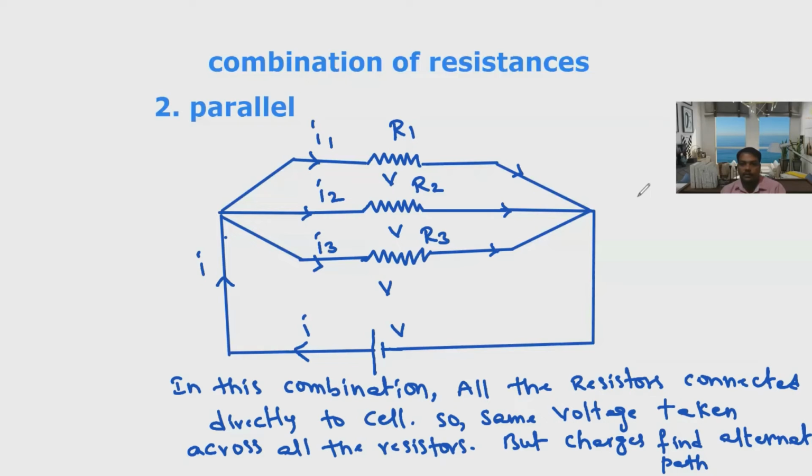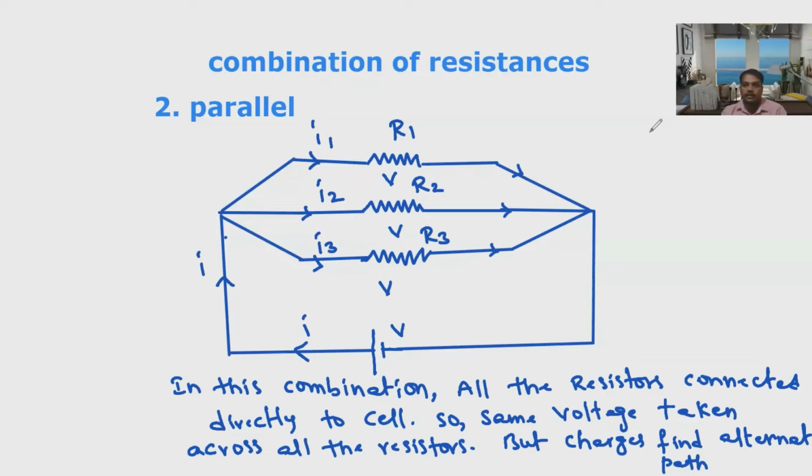In parallel combination, as current divides, it can be written as I is equal to I1 plus I2 plus I3.